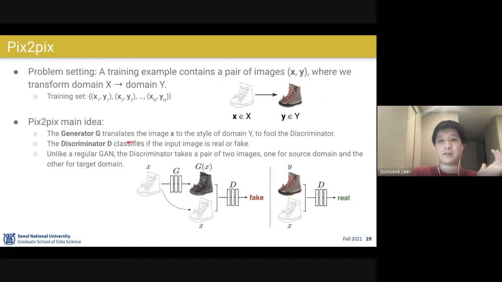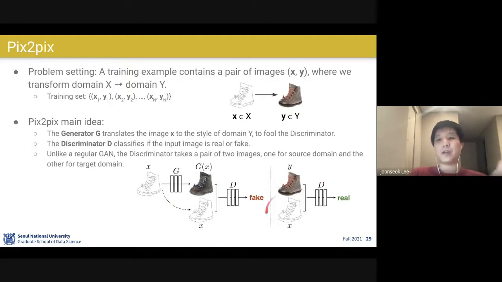The idea is that the generator translates the image X to the style of domain Y to fool the discriminator. Given this X image, we go through the generator to transform it into an image that looks like the Y domain. The discriminator gets either an X-domain-derived image or a Y-domain image. If it's a real Y image like this, we train the discriminator to output 1, or real.